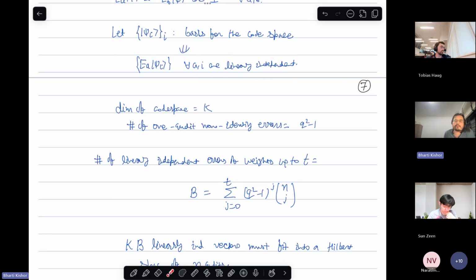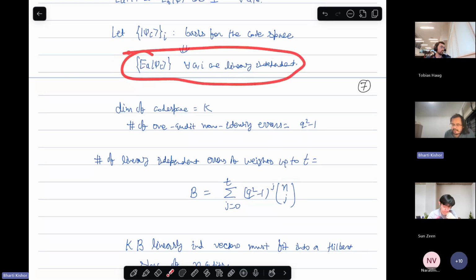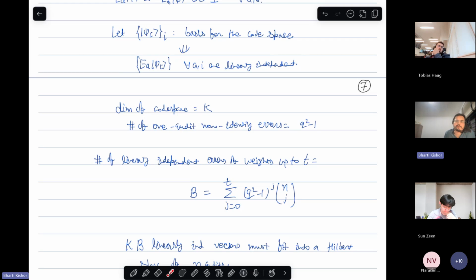Now for degenerate codes, that may not be the case. There will be some factor that comes up, and you will have a tighter bound. But that tighter bound will mean that your upper bound will become lower, like you will bring it down.